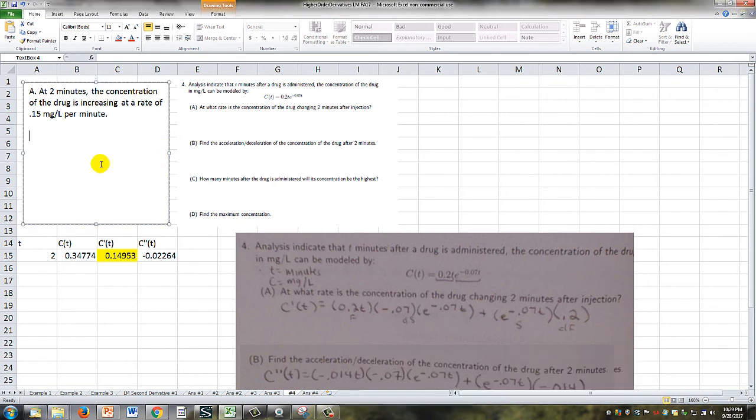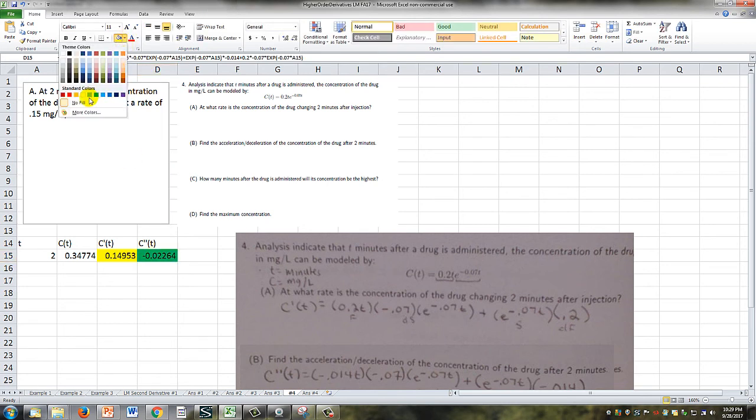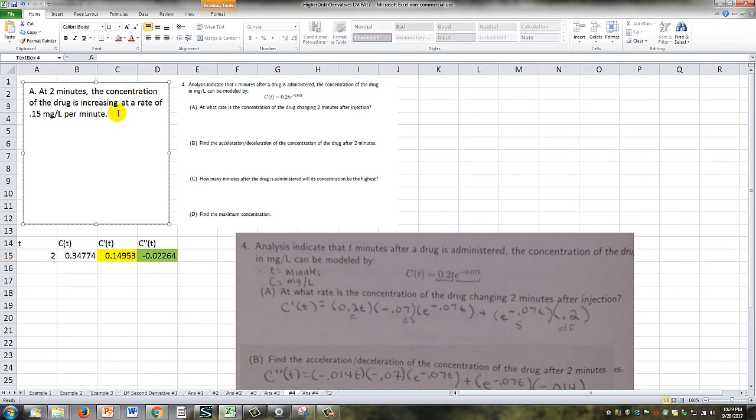Question B, find the acceleration or deceleration of the concentration of the drug after 2 minutes, and that's the second derivative. You don't just look at the negative of the second derivative, you look at the signs of the derivative and the second derivative, and if they are different, you've got deceleration, because this negative second derivative tells you it's concave down. The signs are different, it's deceleration.